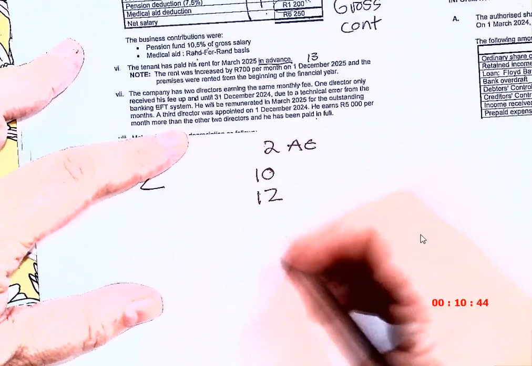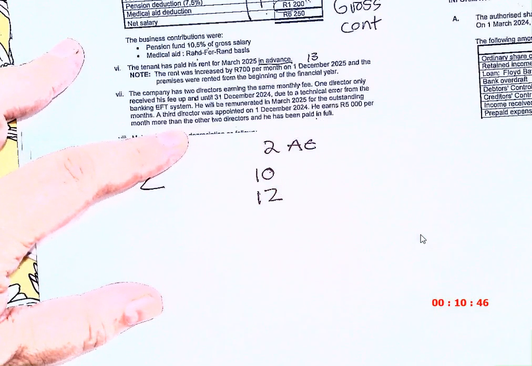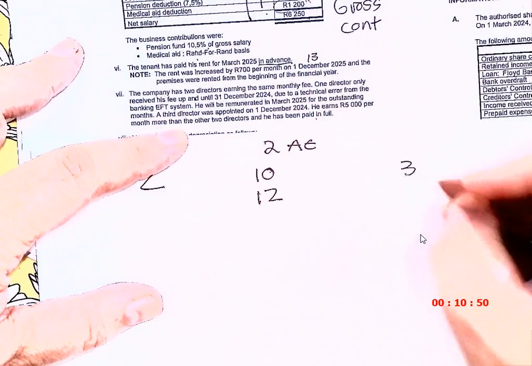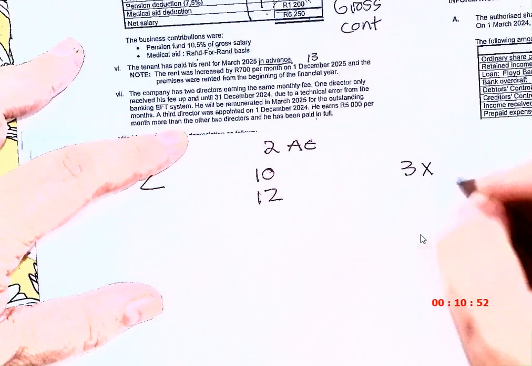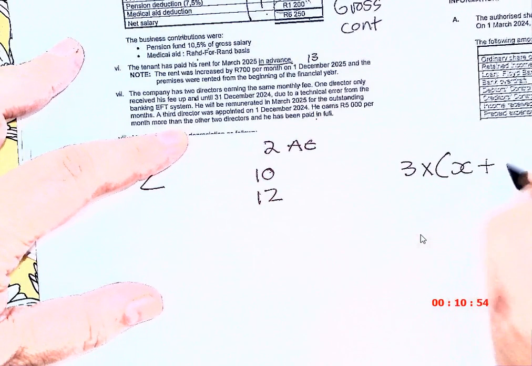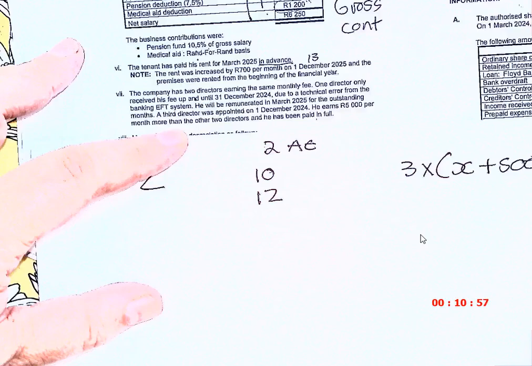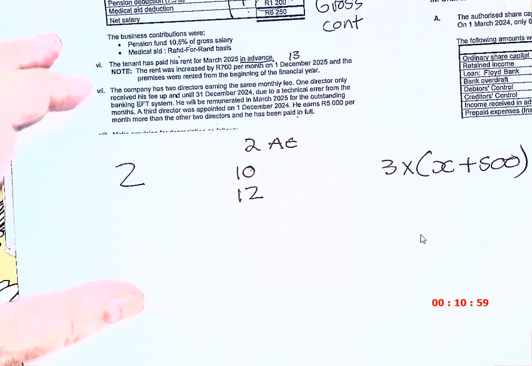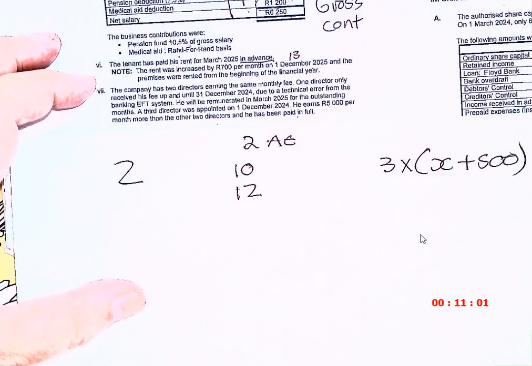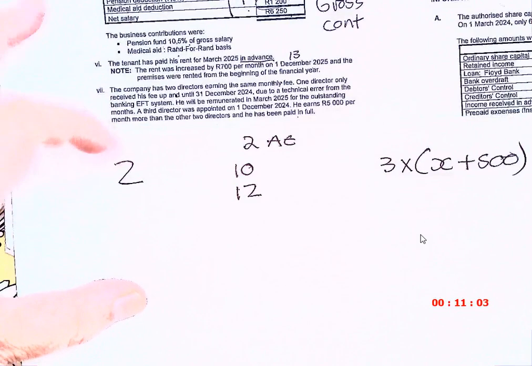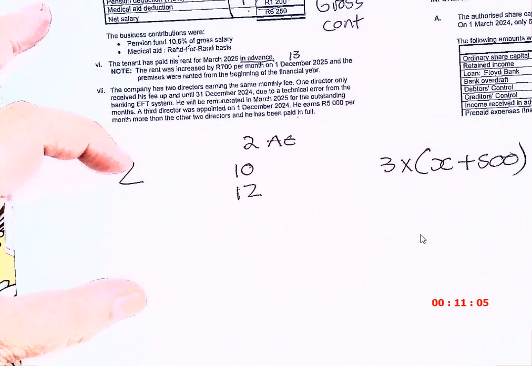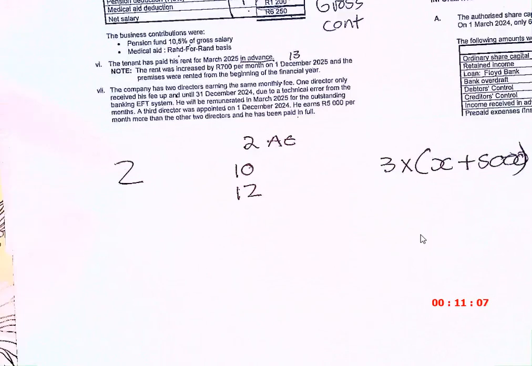Okay, so that guy has December, January, February. 3 months he earns X plus 5,000. Right, is everybody with me? This is a difficult one. So now I have to think of it.